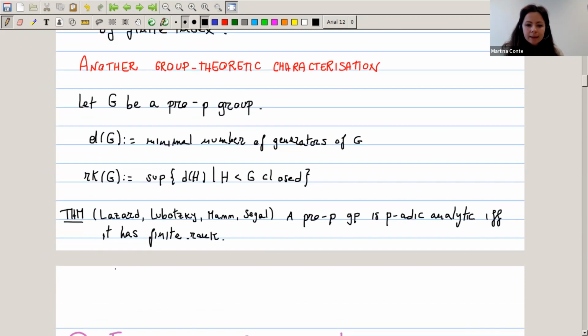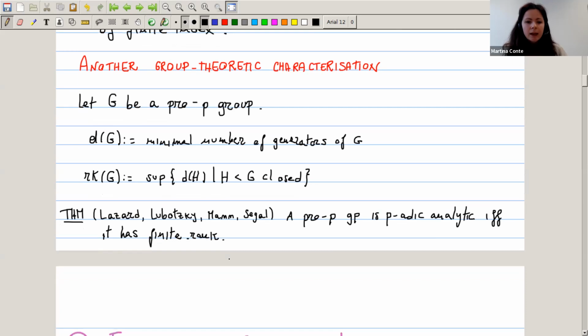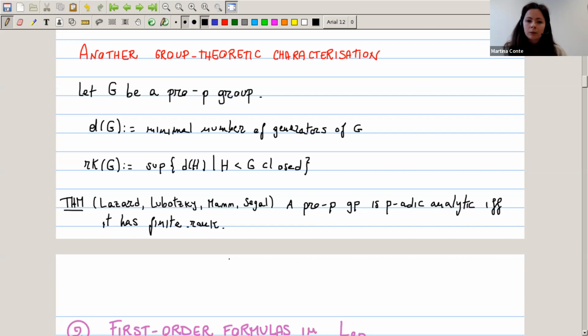Okay, so I said when I presented what I was going to do, that we want to show, at least first, that the rank of a pro-p group of finite rank can be characterized by a single first order sentence. So let me recall what this means.